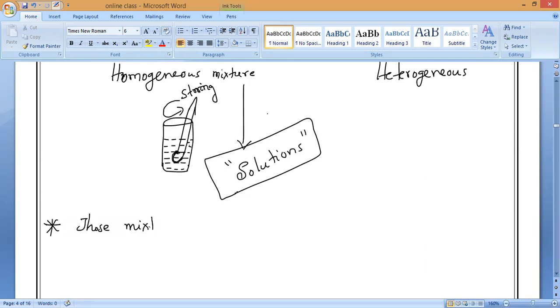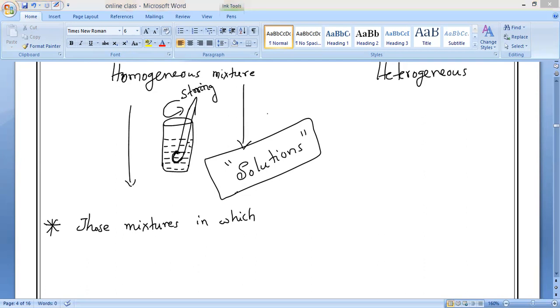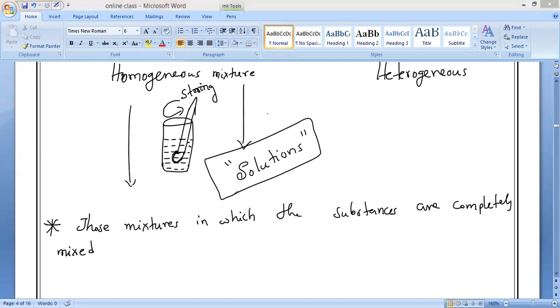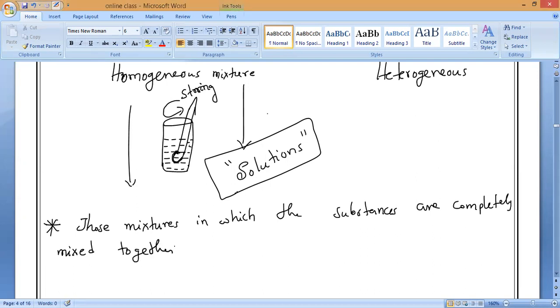Those mixtures in which the substances are completely mixed together and indistinguishable.